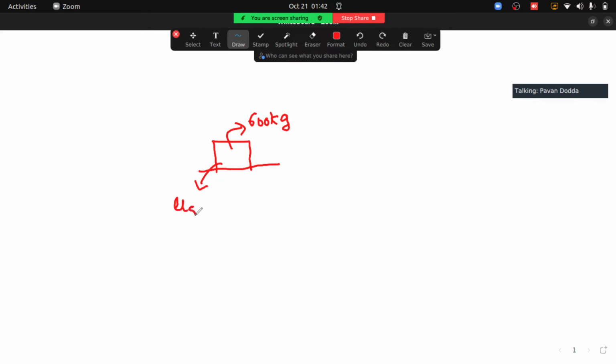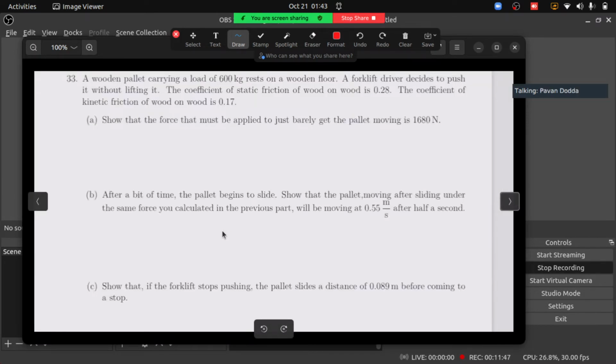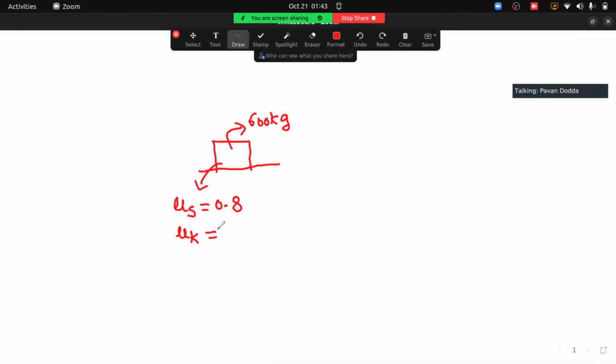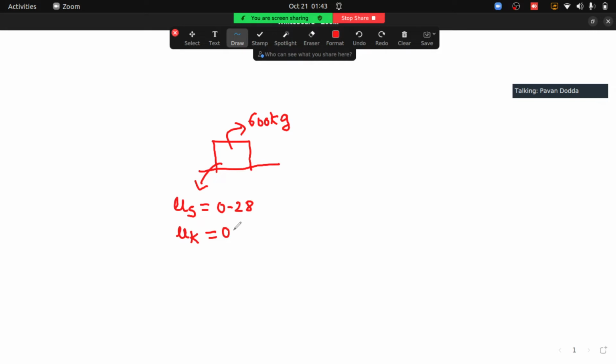One is static friction, which is 0.28, and the kinetic friction is 0.17. It's not 0.8, it's 0.28 and 0.17.